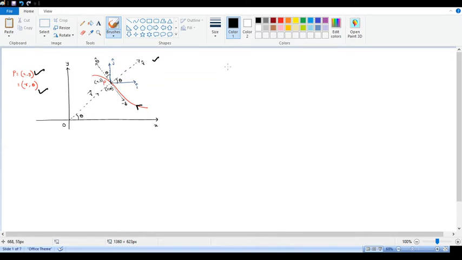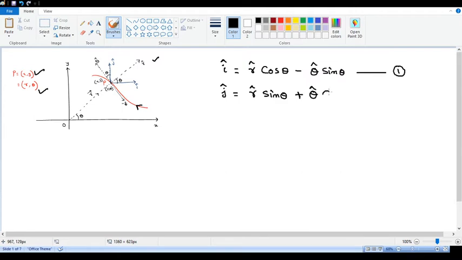We have from this figure i cap can be written as r hat cos theta minus theta hat sin theta. Again, j cap can be written as r hat sin theta plus theta hat cos theta. So I can represent i cap by equation number 1 and j cap by equation number 2.